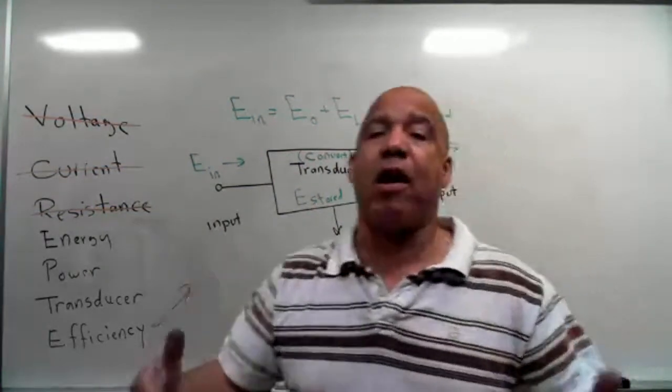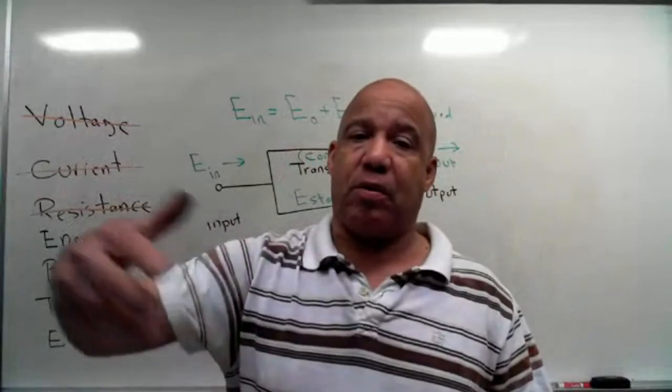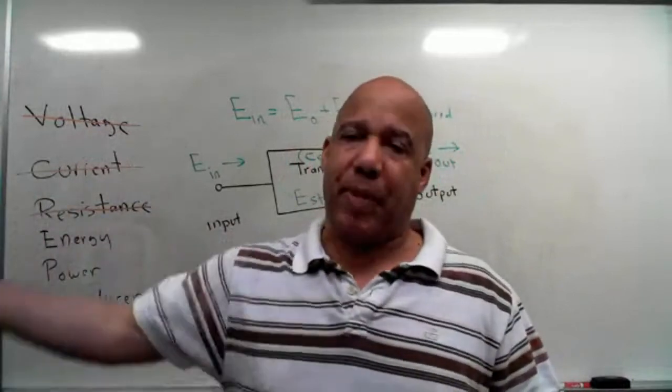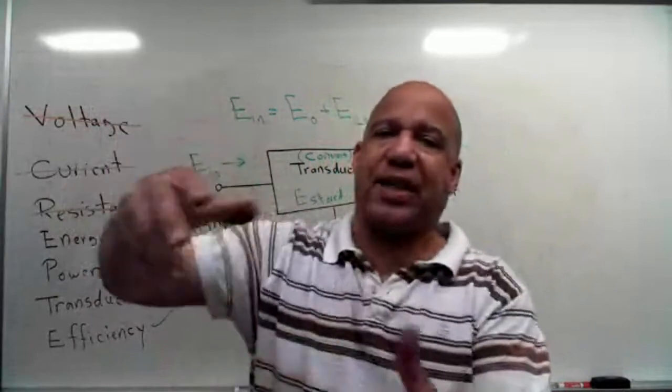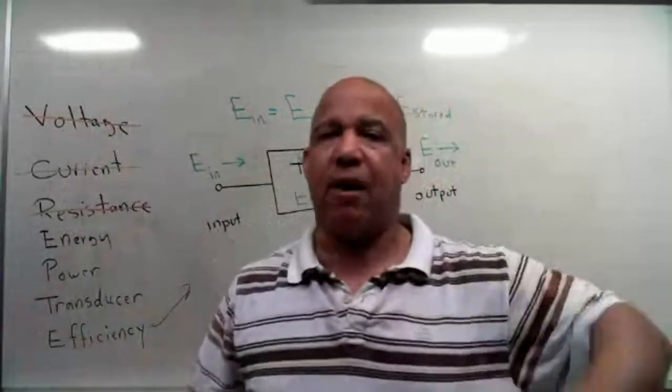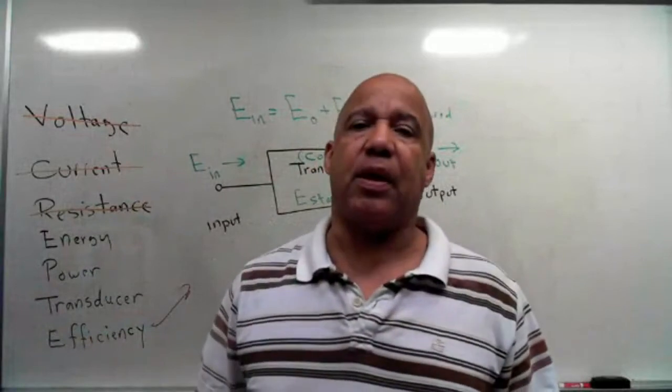Well, a car engine is a transducer. You put in petrochemical, you have potential energy stored in the gasoline, it explodes, and it changes that to rotational energy of your tires.